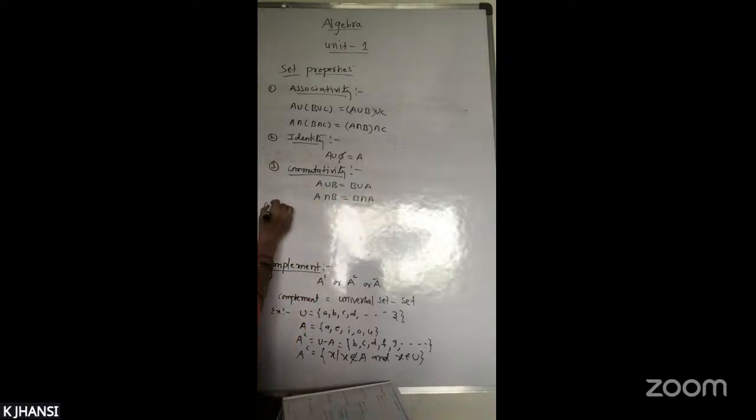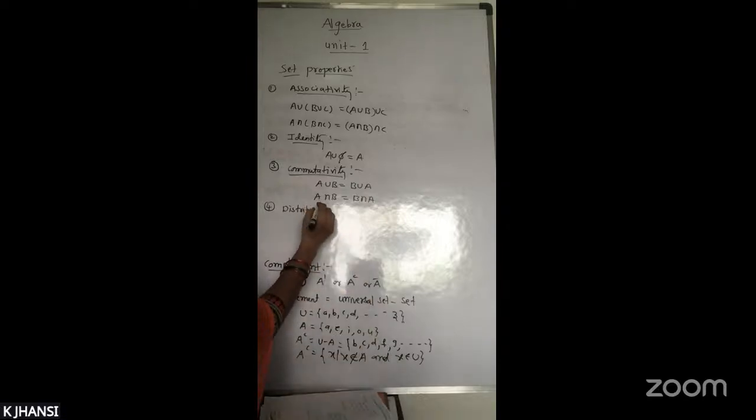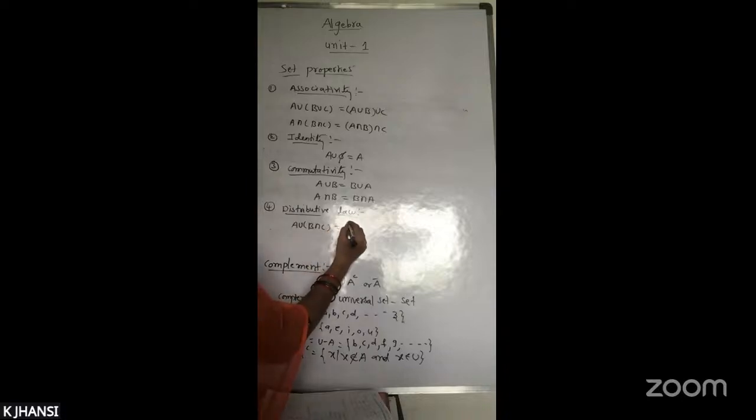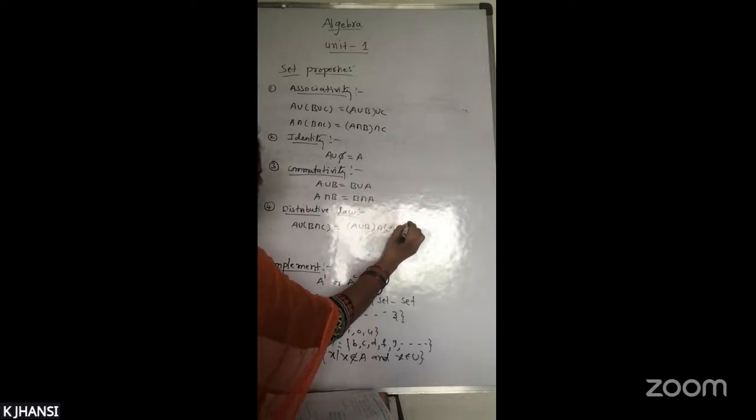Next, the fourth one is the distributive laws. There will be a left hand distributive law and also a right hand distributive law. A union (B intersection C) is equal to (A union B) intersection (A union C), a combination of union and intersection.